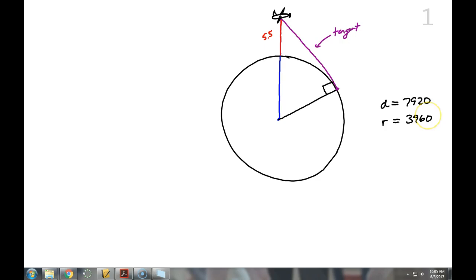So my radius is 3960. And this blue piece over here is also 3960 because that's a radius. So it looks like I can figure out the hypotenuse here. It's 3965.5 when I add the red and the blue.